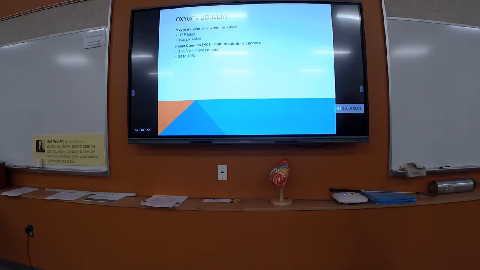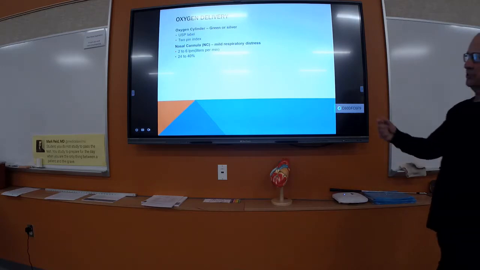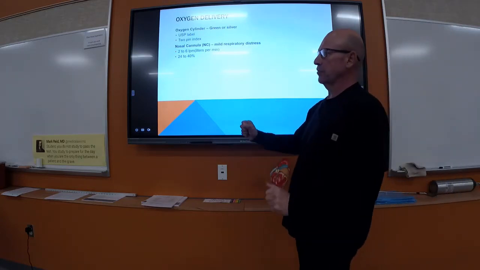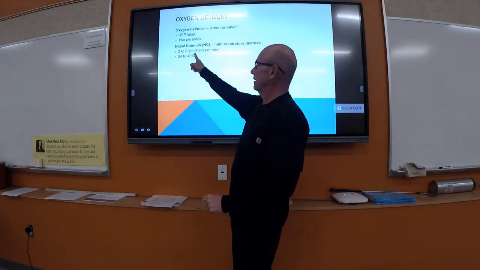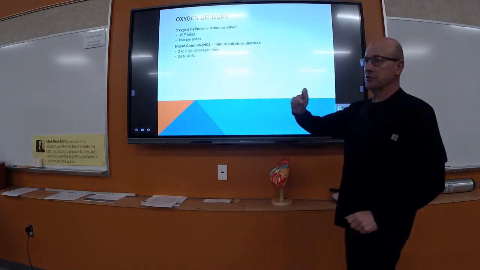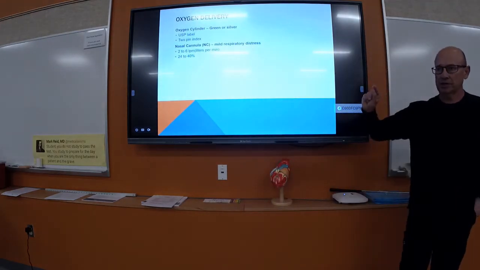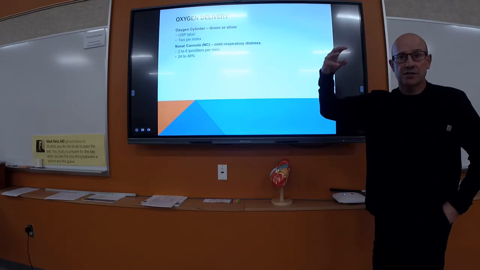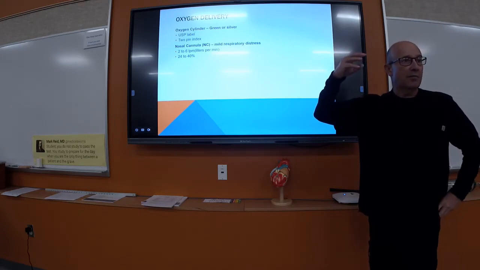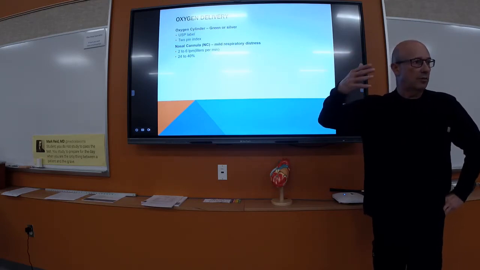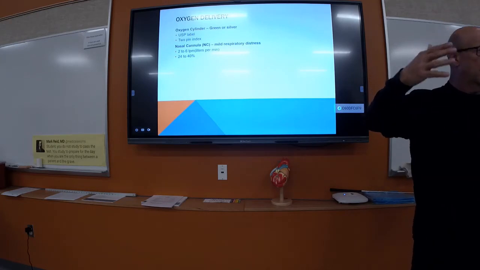So we have different devices that allow us to deliver the oxygen at certain liters per minute. The dose for oxygen is measured in liters per minute. Now, what we're trying to do with supplemental oxygen, because remember we breathe oxygen now, correct? What percent are we breathing now in room air? 21.